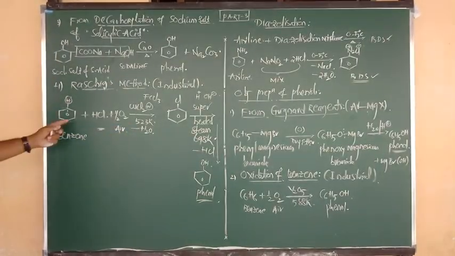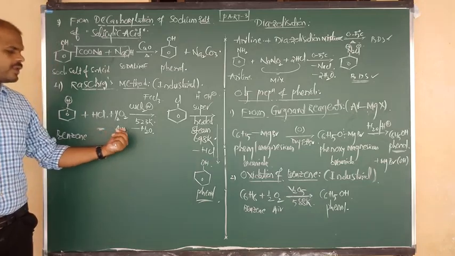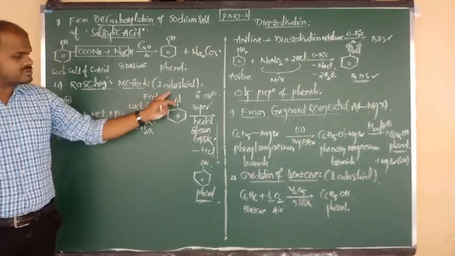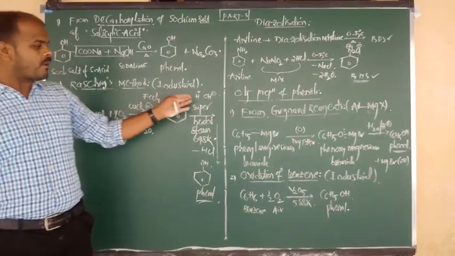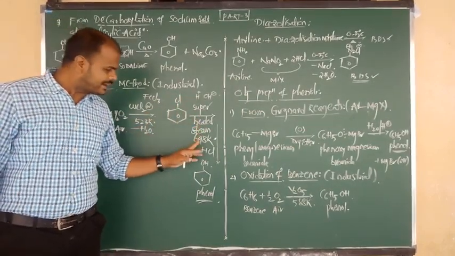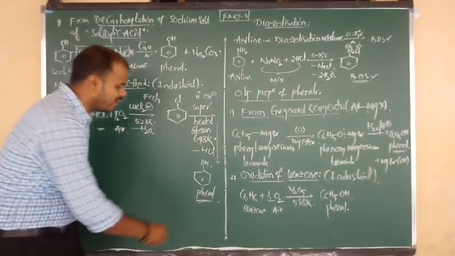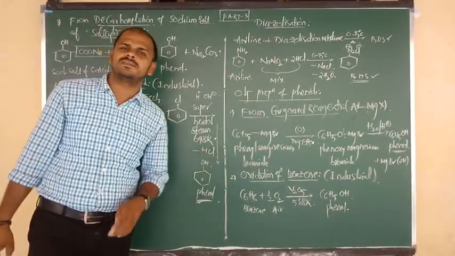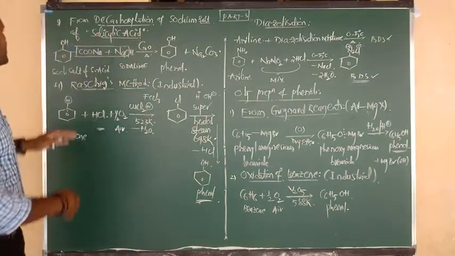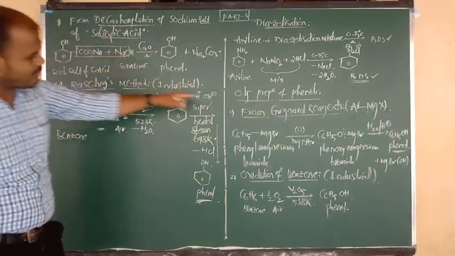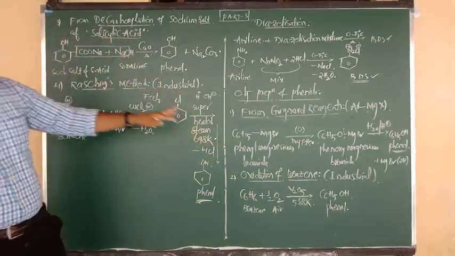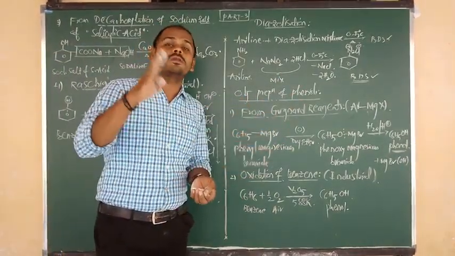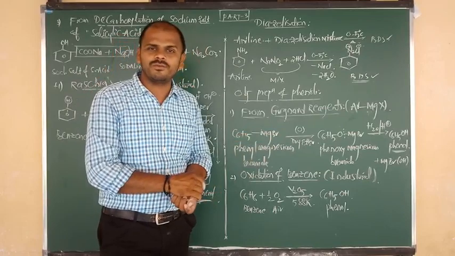Benzene on acidification and followed by oxidation in presence of cupric chloride catalyst gives chlorobenzene, which upon reaction with superheated steam at 698 Kelvin forms the product phenol, with the byproduct HCl. So these are the 4 objective preparations of phenols, and before this we have prepared 4 theory preparations. Okay, all of you? Right.